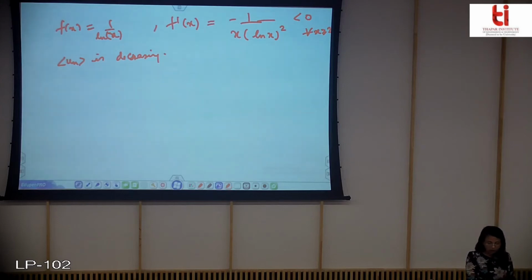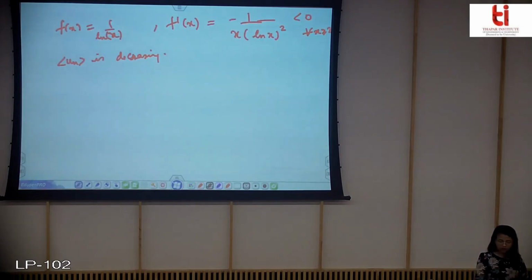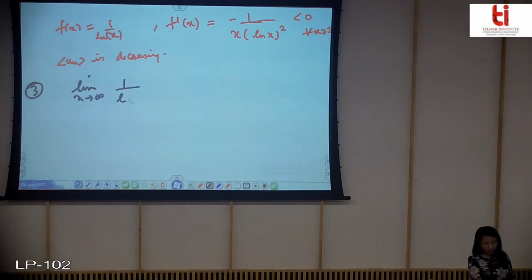Now what about the third condition? We are left with checking the third condition. We will see the limit as n tends to infinity of 1 by un.